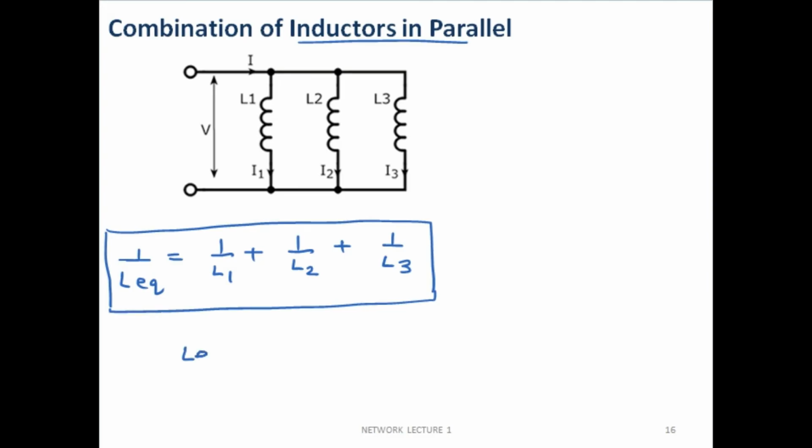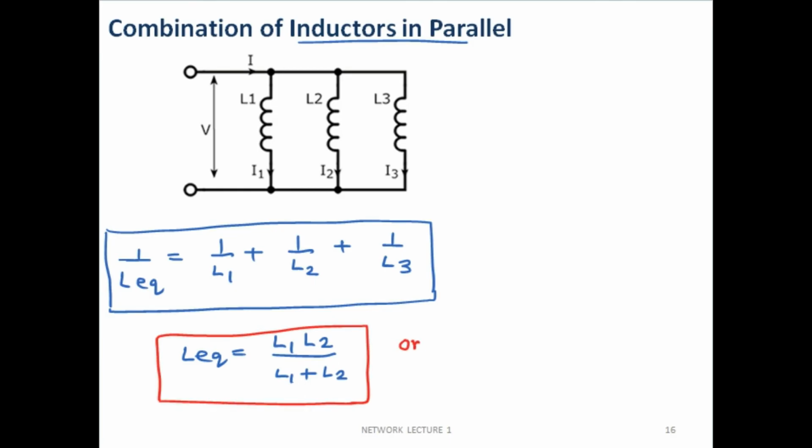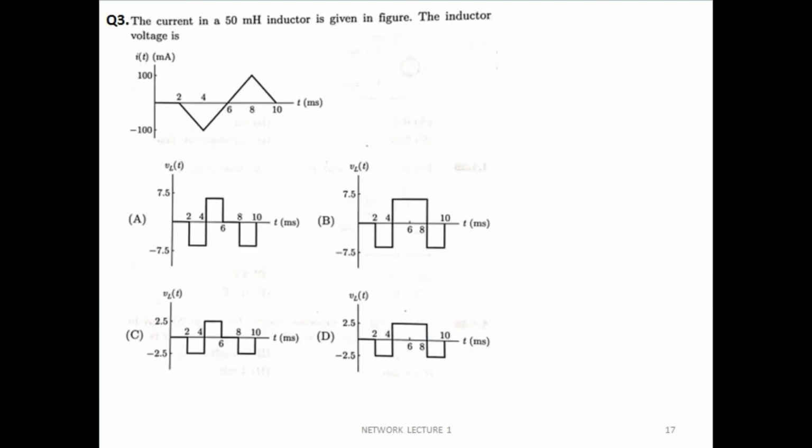If there are two inductances then L equivalent will be given by L1 L2 divided by the sum of both the inductances. Okay, so it is only for two inductances L1 and L2.